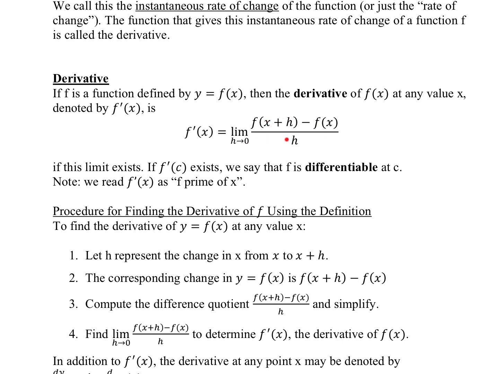So one terminology for this expression that we computed is we call it a difference quotient. It's something we focus on as we try to evaluate what these derivatives are. So one more time, f prime of x is equal to the limit of this as h approaches 0. The limit won't always exist, but when it exists, we will say that f is differentiable at c.